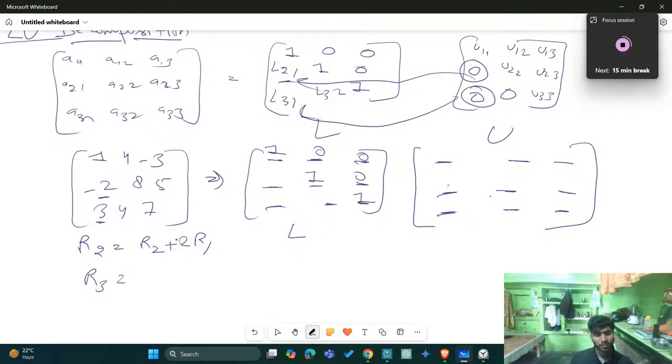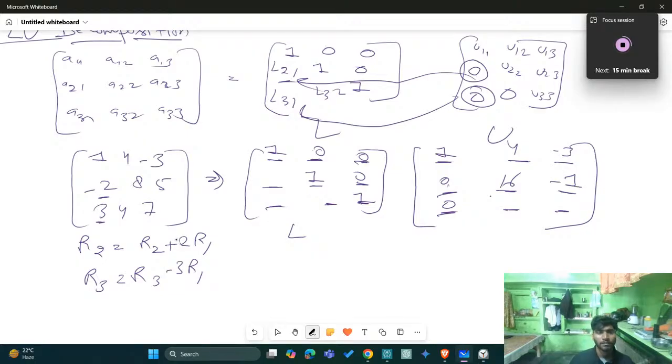R3 is equal to R3 minus 3R1. These are elementary row operations. It goes like 1, 4, minus 3, and it comes to 0 here and 0 here. So plus 2R1, this is becoming 16 here, and this is becoming minus 1.